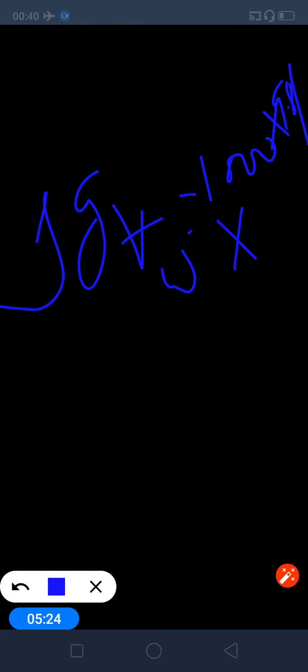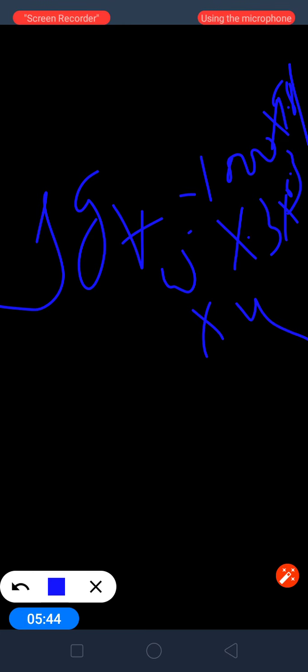What is the value of rho gV of water? Rho gV of water equals 1000 into 9.81 into the volume of water displaced by the cube. I'm taking the side in meter, that is 0.3 into 0.3 into x, where 0.3 means 0.3 meter.